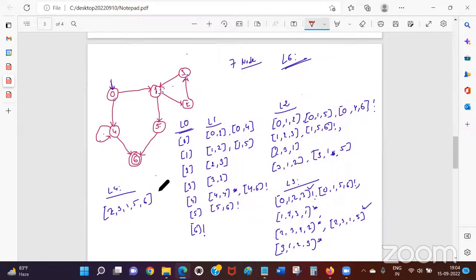So your prime paths would be this, this, which are ended with a star or ended with an exclamation mark, this, then this. So these are all your prime paths.